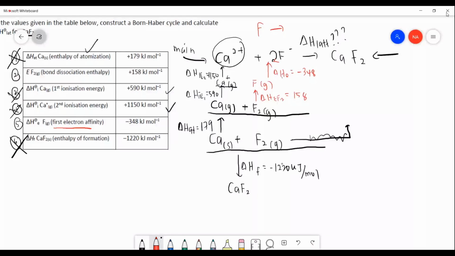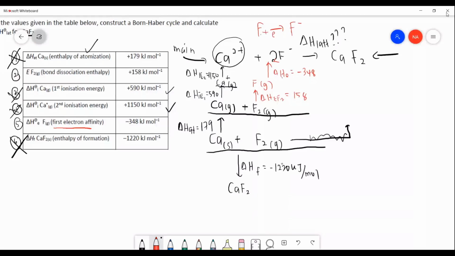Repeat again. So the F first electron affinity means the F will gain the electron. Remember, the EA, electron affinity, is the tendency to accept the electron and become F minus. It is F plus electron.